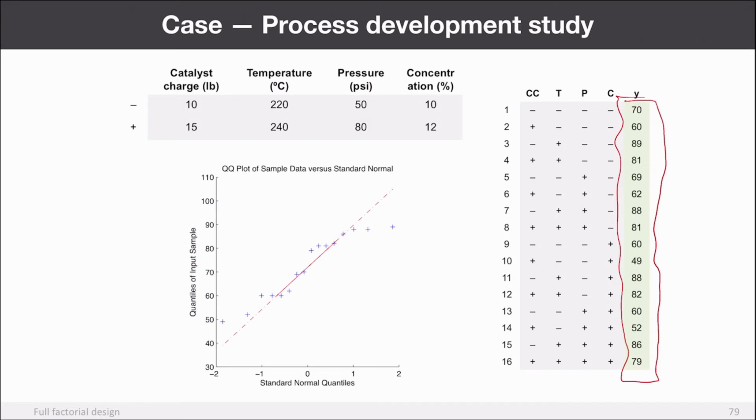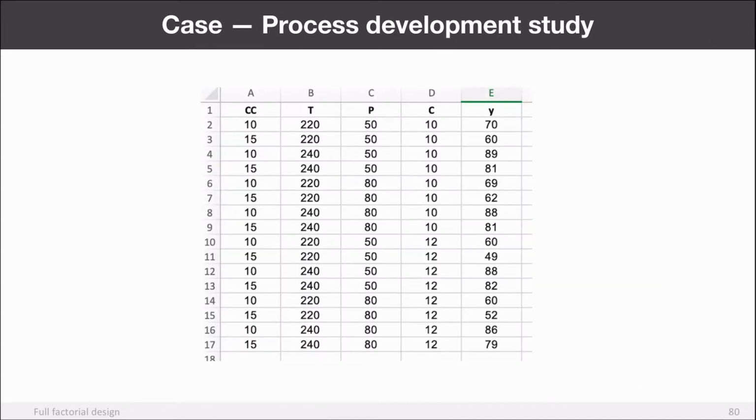And in this case, I have as many runs as trials. If I make a cuckoo plot for the yield, for the outcomes, you can see again that I don't have any outliers or any other strange behavior. So from that point of view, it seems like the process went well, right? The experiment went well. So now let's analyze this data. This is how the data looks in my spreadsheet software.